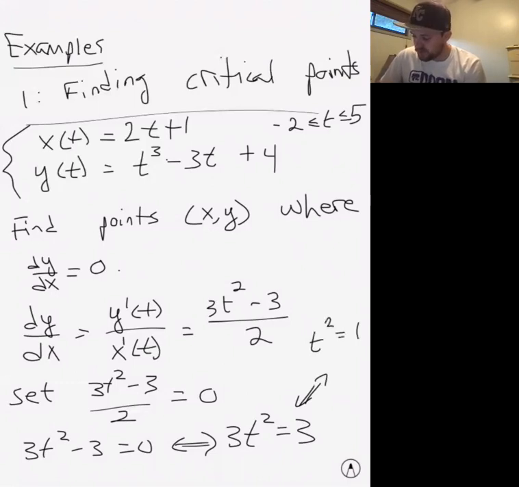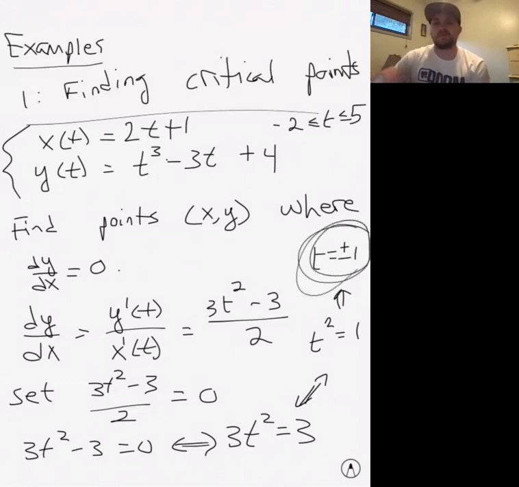And if we have t squared equals 1, then we get that t is plus or minus 1, right? So these are the times. We have this curve explained in terms of the parameter t. So we have the times at which the derivative vanishes, but we don't know where those points are.